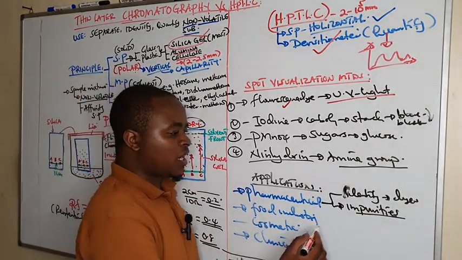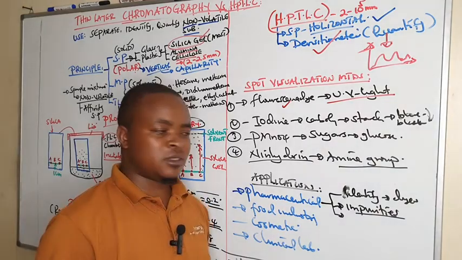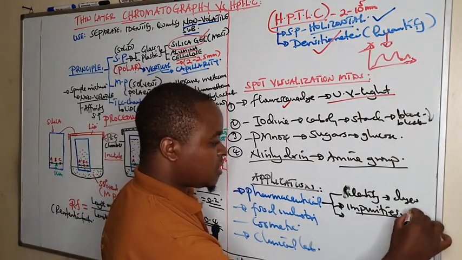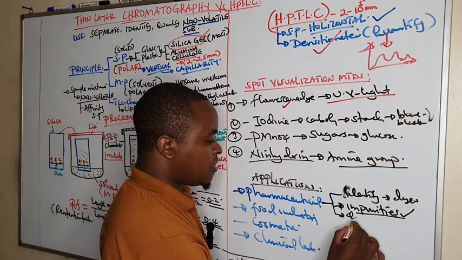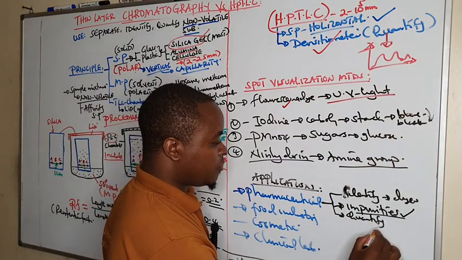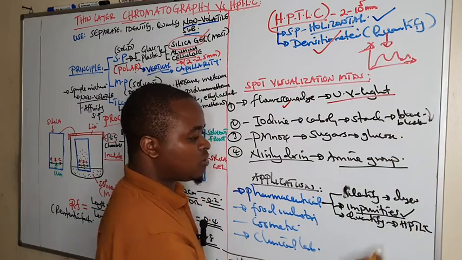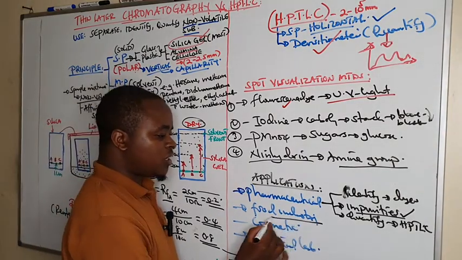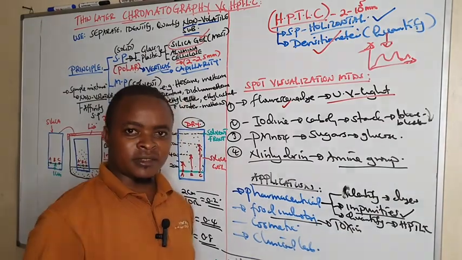Another thing we can do in pharmaceutical industries, apart from seeing the presence of impurities, is to quantify them, for example using high performance thin layer chromatography. Still in the food industry, it is used to look for the presence of toxins in food products.